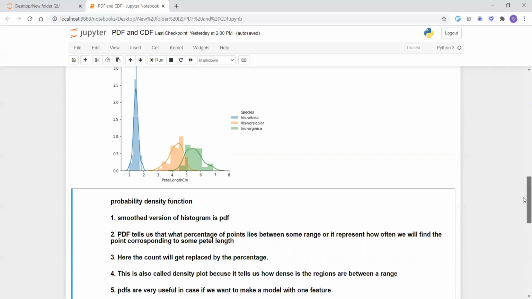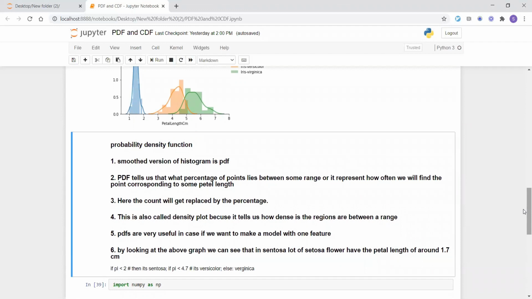All right. Then a question arises, why do we use PDF? PDFs are very useful when it comes to univariate analysis of data. If we want to create a model by using only one particular feature, in that case we use PDF.